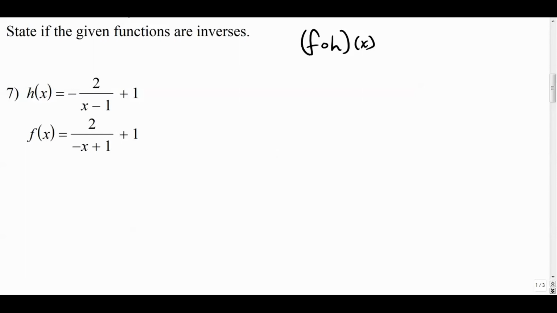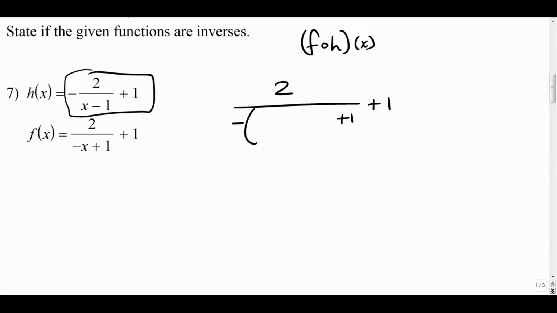So I'm going to write the function f. But instead of the x variable, I'm going to put this entire function in there. I'll put this negative up in the top.